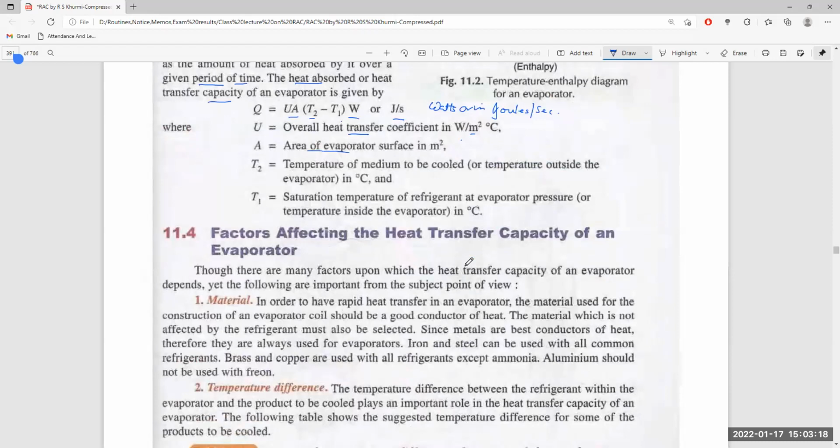Now, what are the factors affecting the heat transfer capacity of an evaporator?